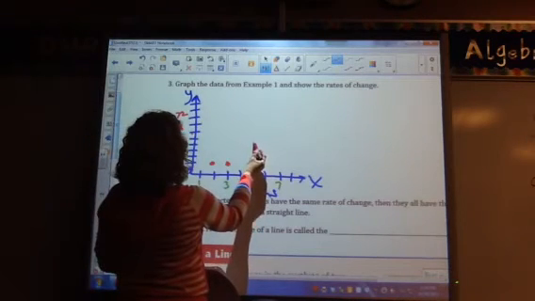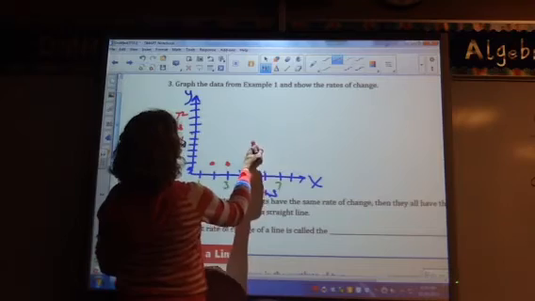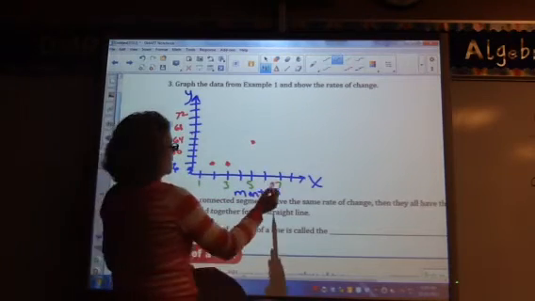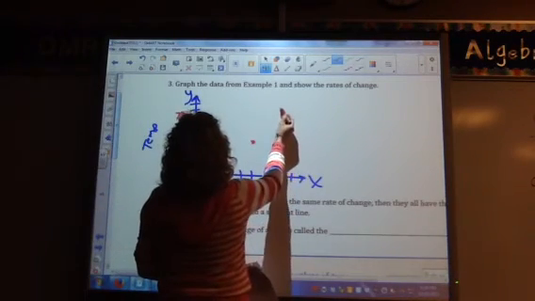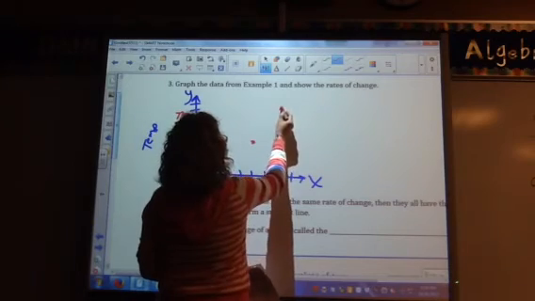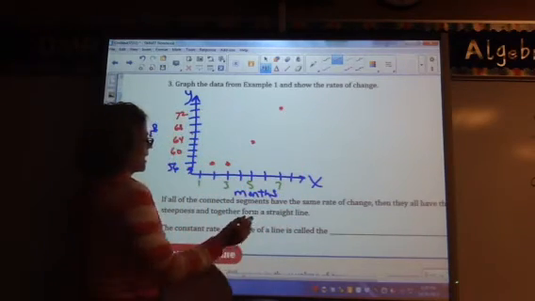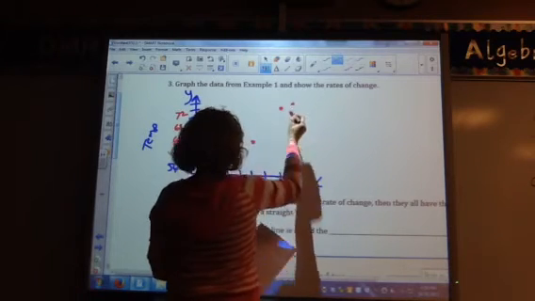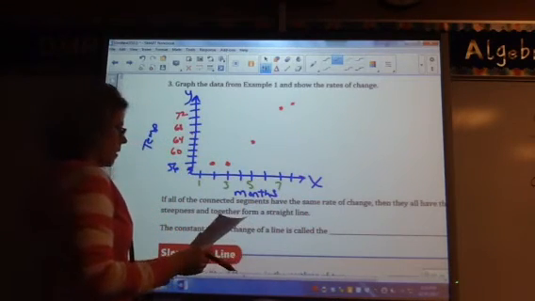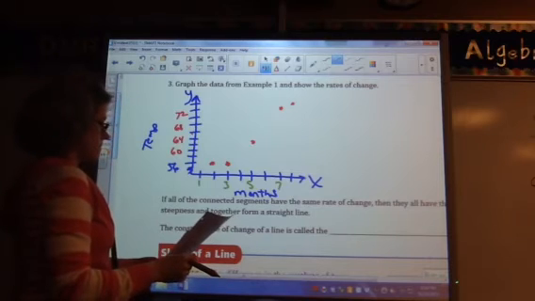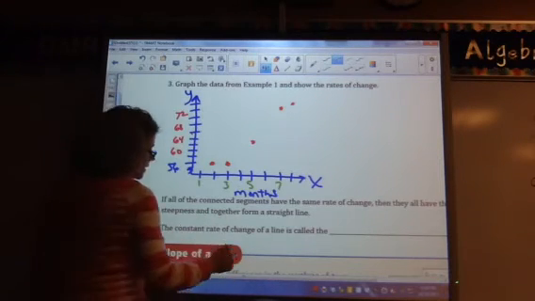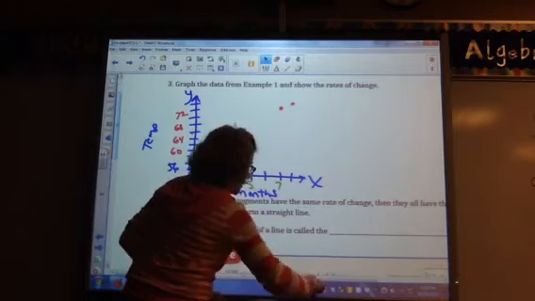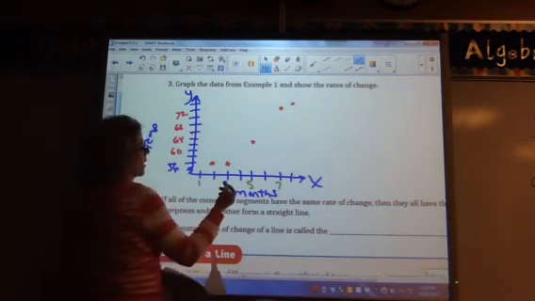We're going to estimate about right here. (7, 71), all the way up about right here. And (8, 72), about right here. Okay. So, let's connect our points. So this would be a continuous graph, not a discrete graph.